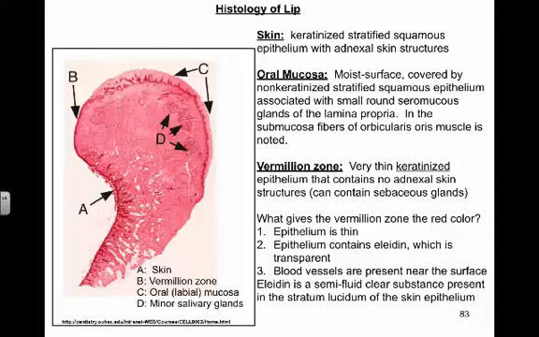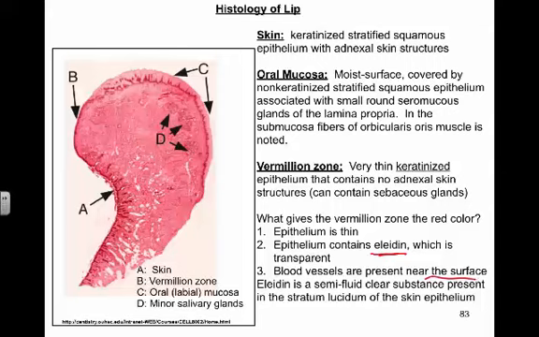Why the redness in the vermilion zone? It's because we're transitioning to a very thin epithelium. And in the lips, in that area, you have this chemical called eleidin. And remember I said this tissue is transparent. That's because of this one chemical in it, which changes as we go further down.